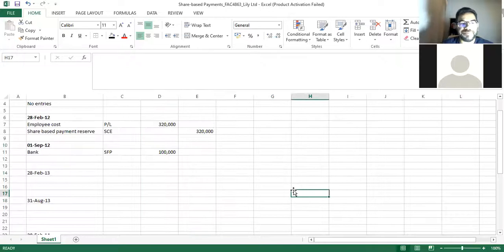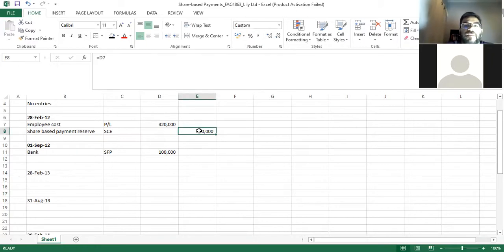But now remember, included in a 320,000 Rand share-based payment reserve is 10,000 options. Now she has exercised 5,000 of those options. So therefore, the share-based payment reserve needs to now reduce by the 5,000 options that have been exercised, because that is no longer share-based pay.